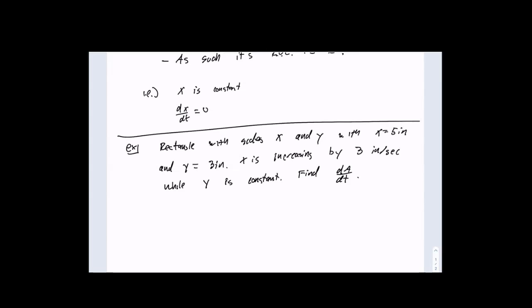One of the things we're going to try to introduce a little more is to draw a quick picture of what's going on. So we're dealing with a rectangle with x and y. I know that x is 5, y is 3, and dx/dt is what?